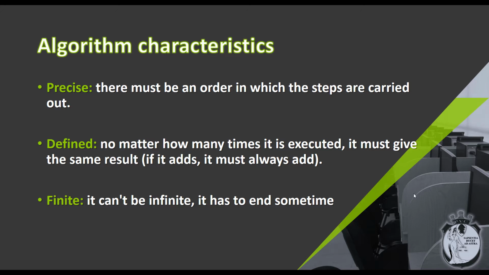It needs to be defined: no matter how many times it's executed, it must give the same result. If the program adds, it always makes an add. Well, it needs to be finite, which means that it can't be infinite. The program needs to end at some moment.